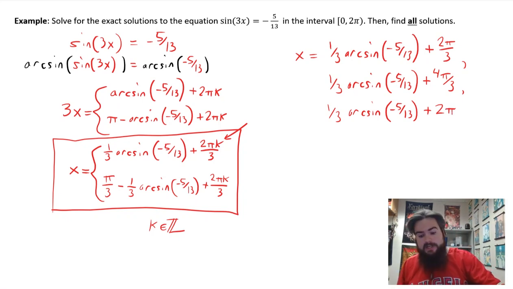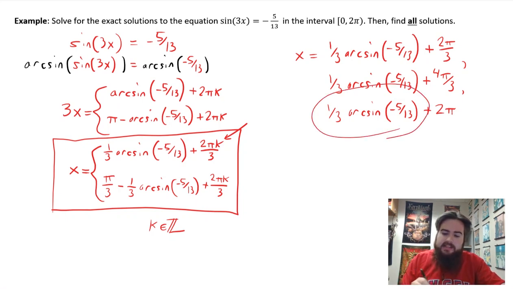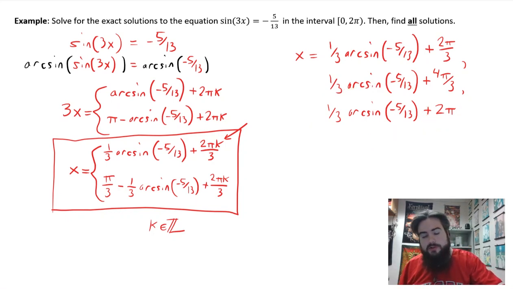That I know is between 0 to 2 pi because I had just established that this is a small negative angle measure. And if you add 2 pi to that, that's really like going 2 pi and subtracting a little bit. So that's going to fit between 0 and 2 pi and be an angle measure somewhere in quadrant 4.